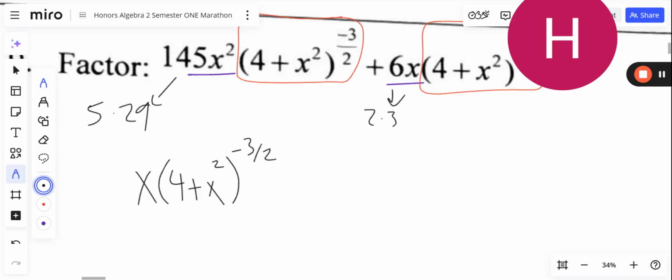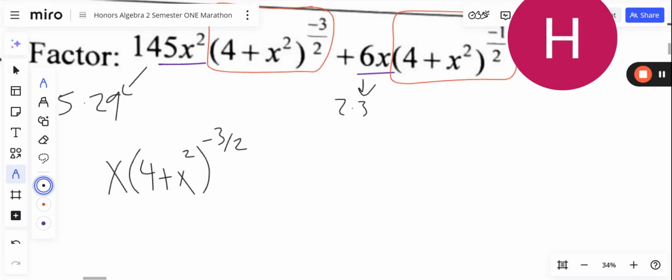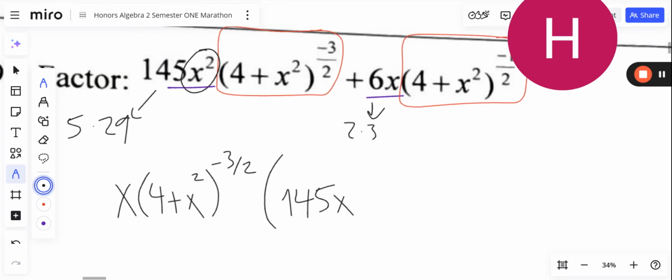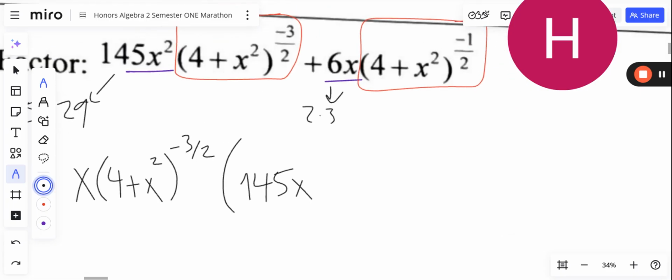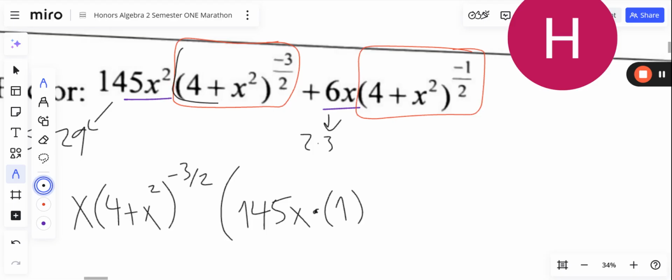And when you divide, we subtract exponents. And so that's going to leave us with 145x, not x squared anymore. We took an x away from there. And then times 1, because we removed the entirety of this 4 plus x squared to the negative 3/2.